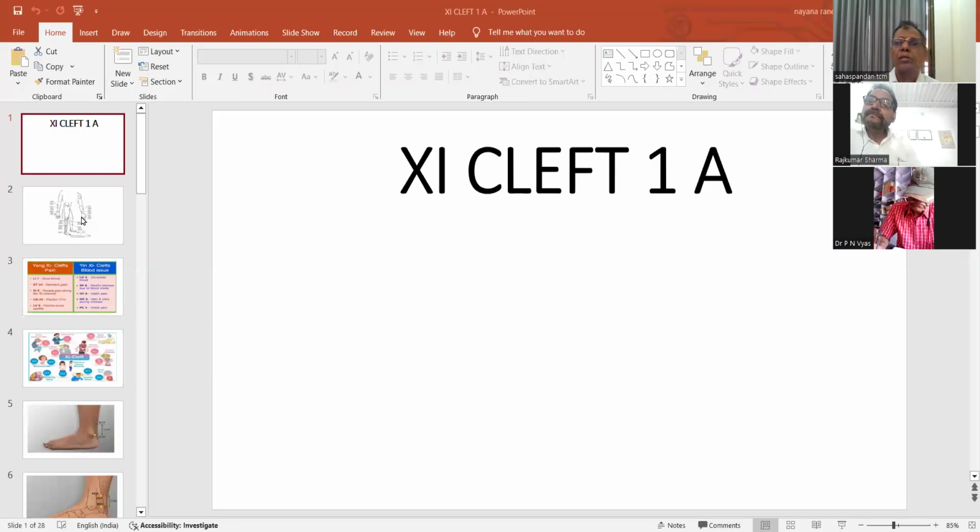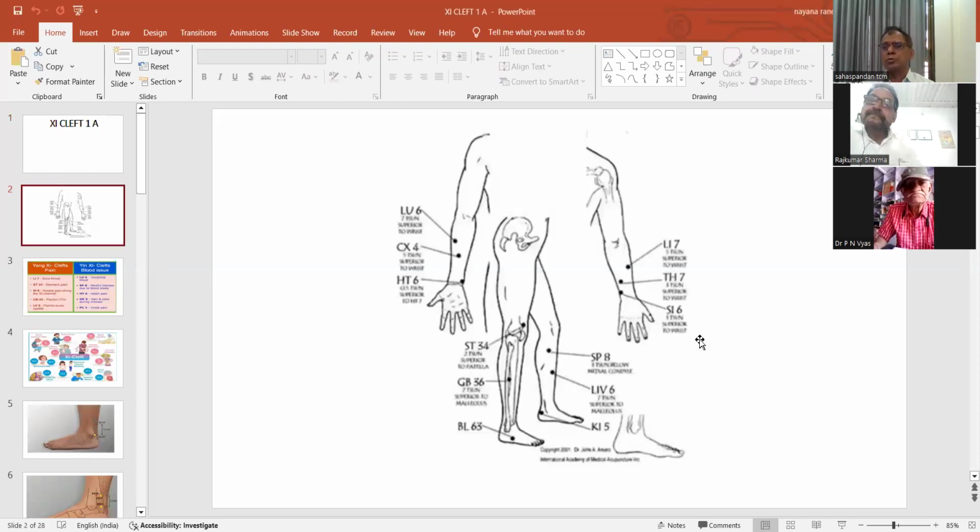So I'm sharing my screen. These are the Xi-cleft points.